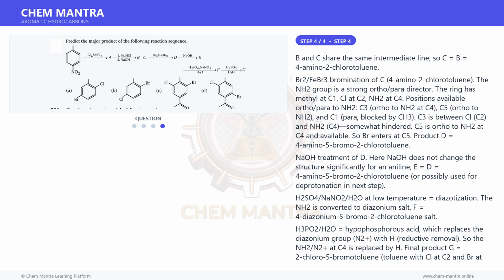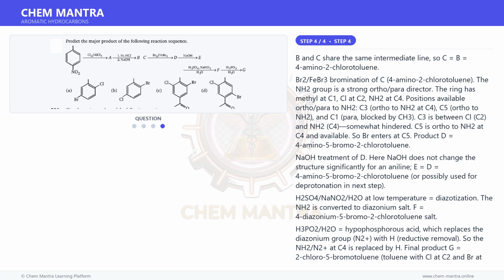4-amino-2-chlorotoluene. Br2/FeBr3 bromination of C, 4-amino-2-chlorotoluene. The NH2 group is a strong ortho-para director. The ring has methyl at C1, Cl at C2, NH2 at C4. Positions available ortho-para to NH2: C3, ortho to NH2 at C4, and C5, ortho to NH2 at C4. The para position, C1, is blocked by CH3.